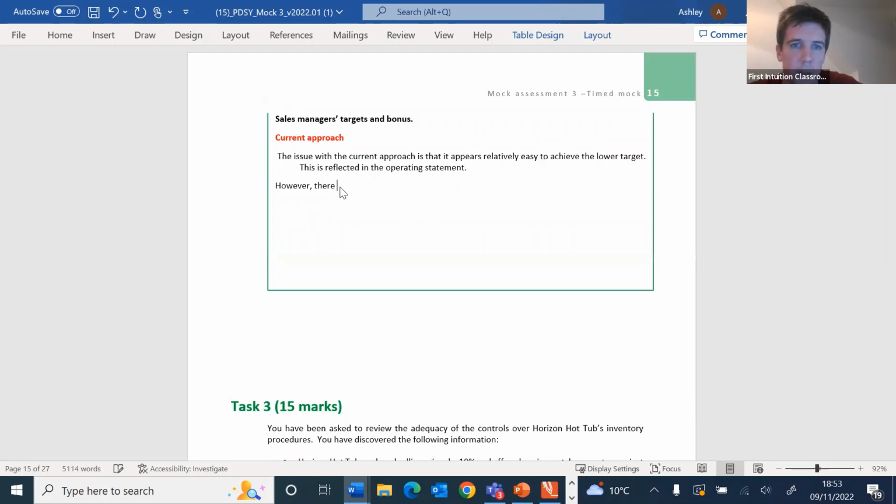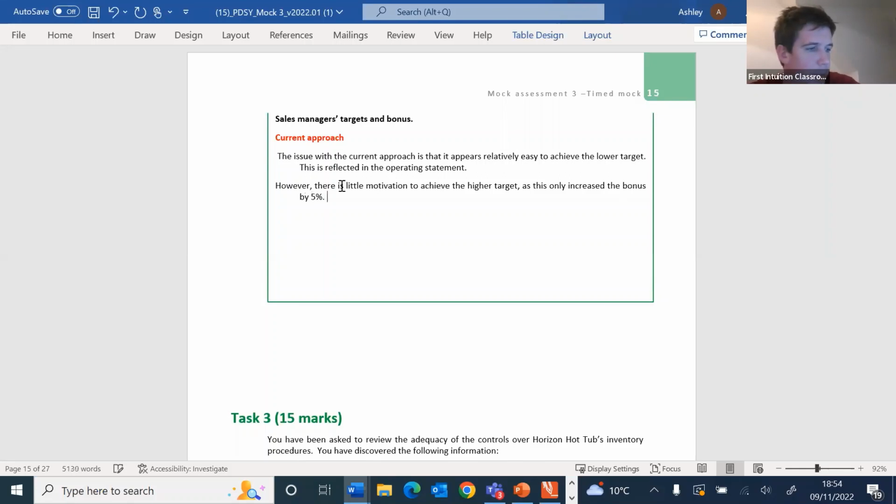However, there is little motivation to achieve the higher target, as this only increases the bonus by 5%. Okay. I would say as well, maybe that this is supported by the fact that it says they don't achieve it.